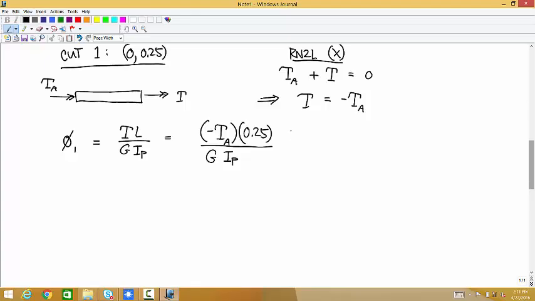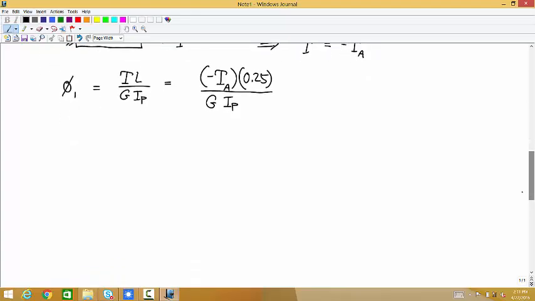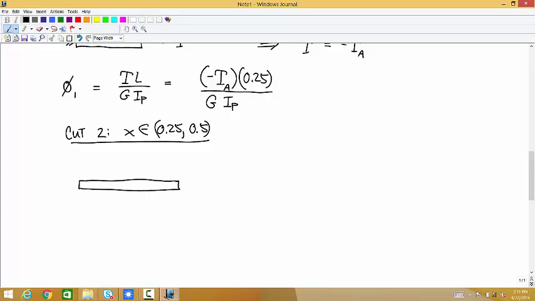And now we can go on to the second cut, for x values between 0.25 and 0.5. So we have the torque at A. Now we've gone far enough to the right that we also have that applied external torque of 5,000.